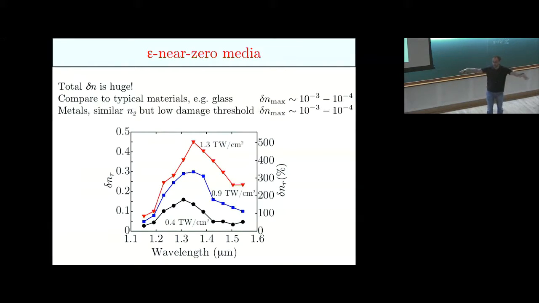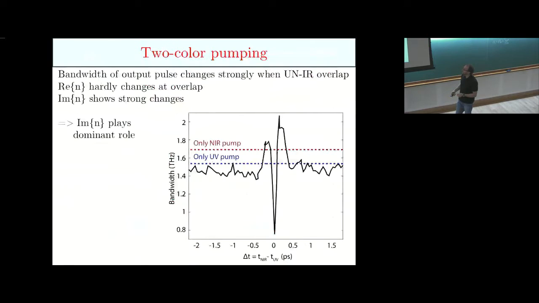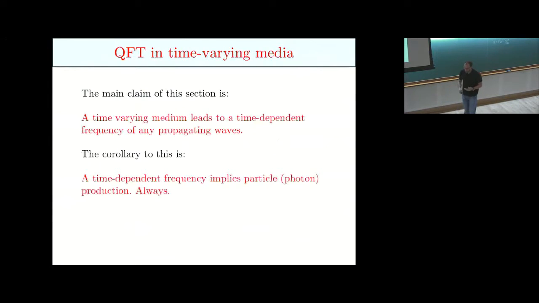So if I have a broad pump pulse, which I can consider spatially uniform, I essentially have an n of t that is changing very violently on a femtosecond time scale. The idea is that you can use this to study quantum field theory in expanding spacetimes. And I would also argue that in this case, it's no longer an analog. Okay?